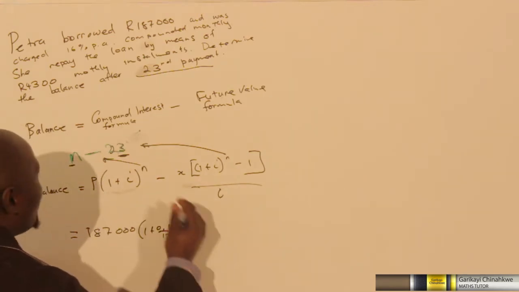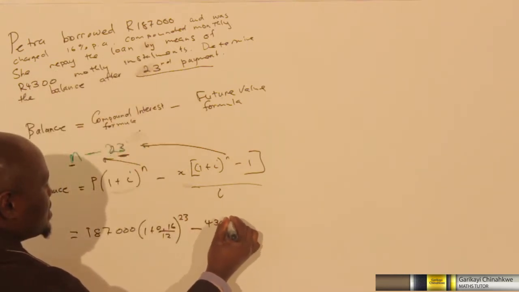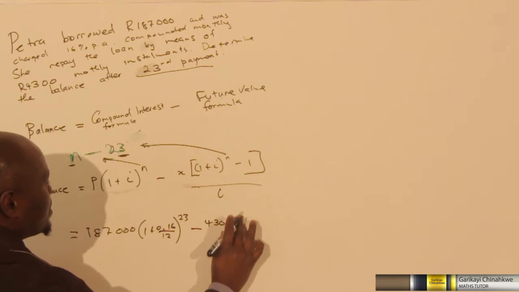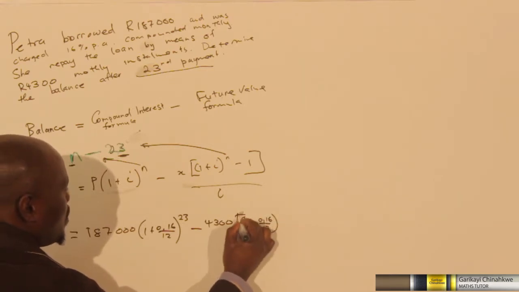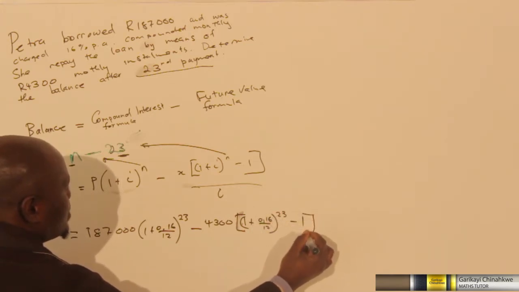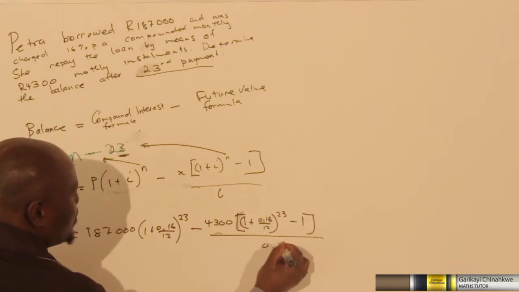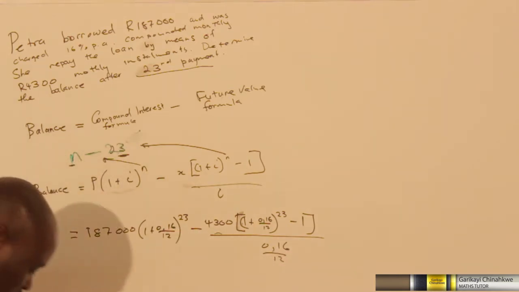Then minus, how much is she paying per month? 4,300, big bracket, 1 plus i, and our i is 0.16 over 12, all to the power of N. N is 23, minus 1, over 0.16 over 12. Then you punch this into your calculator, then you get the balance.